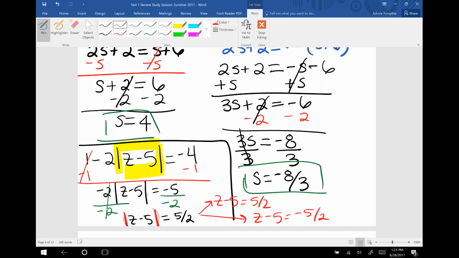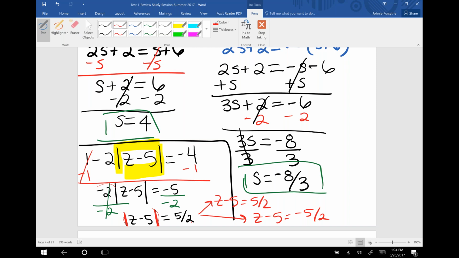And whenever that happens, you stop right there and you say no solution. So if this 2 right here was a positive, then that would make this right side negative 5 over 2. You following me? So once that happens, you say, oh wait a minute, I can't have the absolute value of something equaling a negative number.